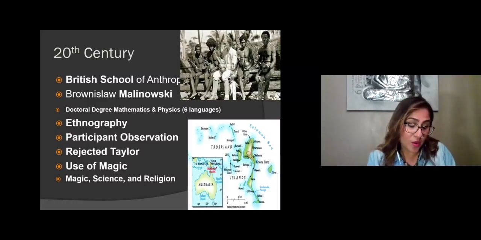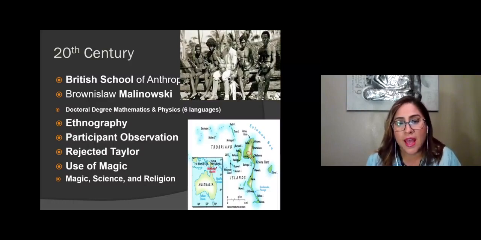And later on, his work was questioned, though within the Trobriand Islands his work was not so much debated.